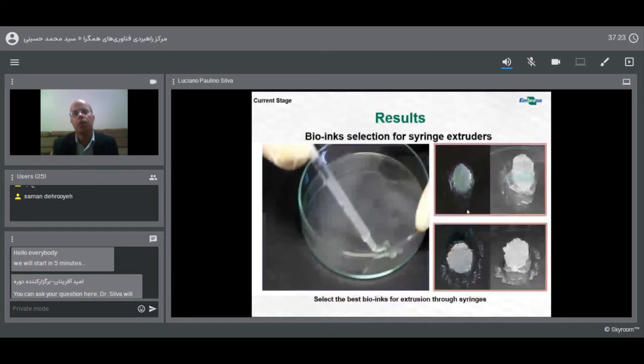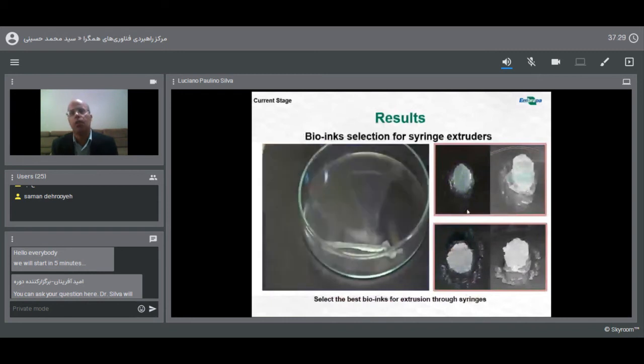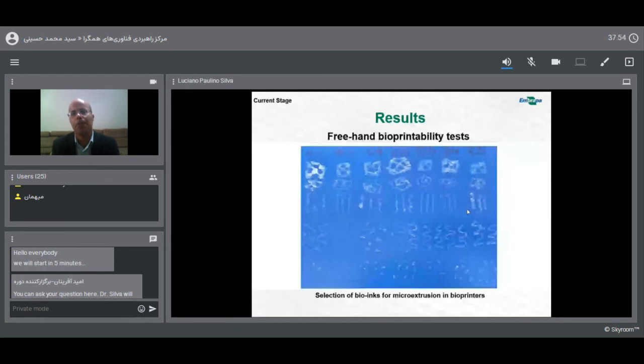In this video, you can see the selection of some different bioinks using distinct cell types, syringes, and also different chips and needles. We have applied the free-range bioprintability tests like those that you observed in the previous video in order to select bioinks for microextrusion in bioprinters.